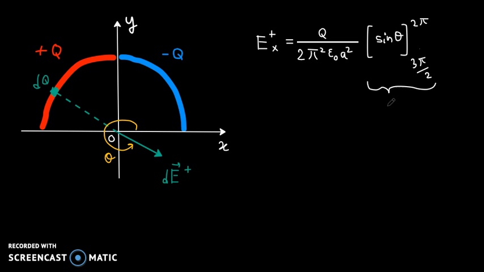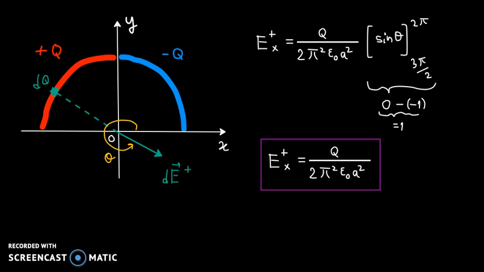Sine 2 pi is equal to 0, minus sine of 3 pi over 2, which is equal to negative 1. So minus 1 is plus 1. So this is equal to just 1. So here's my result for the x component due to positive charge distribution, and it is equal to the x component due to the negative charge distribution.